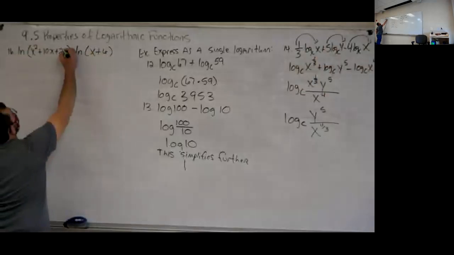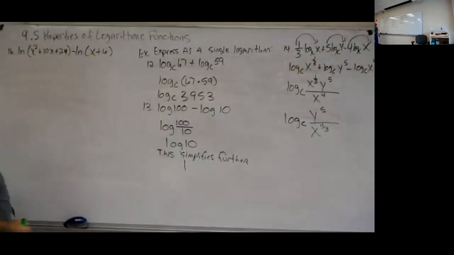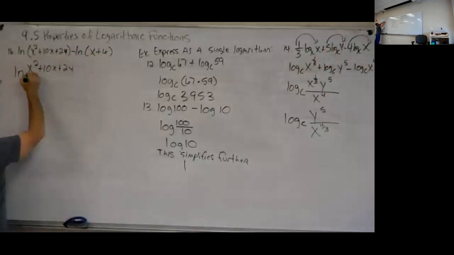Okay. It's being subtracted, so the positive is going to the top. What's being subtracted is going to the bottom. So this will be an ln. The top will be x squared plus 10x plus 24. The bottom will just be the x plus 6.